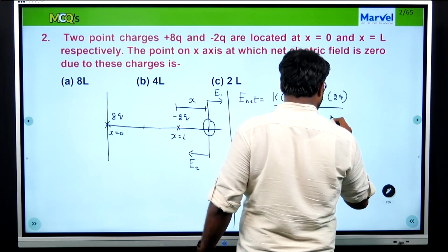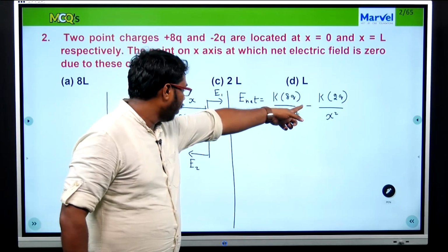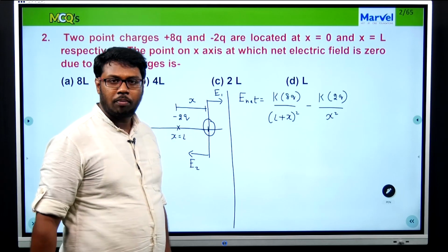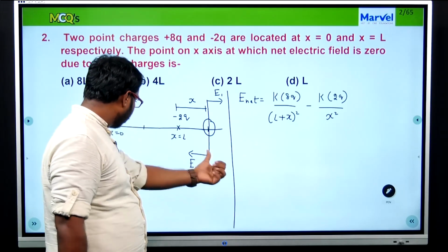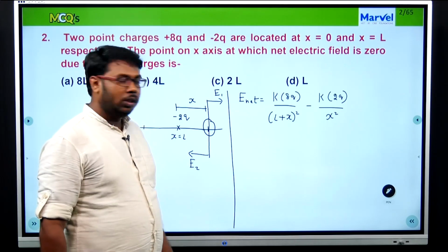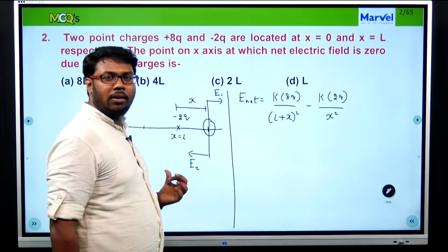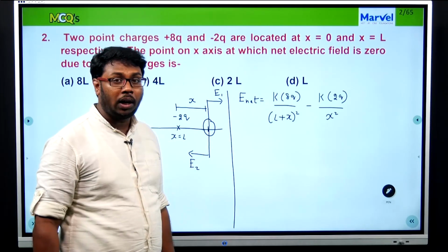It is just x, so it becomes x squared. Remember one thing, I have put a negative sign in here not because the charge is negative. That is purely due to the direction of your E2. Since your E1 is pointing that side, it got a positive sign. Your E2 is pointing this side, that's why it got a negative sign. Not because of the magnitude, purely because of the direction.